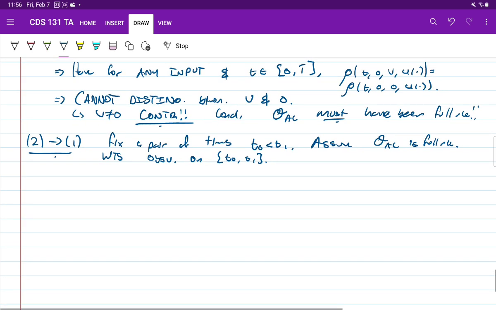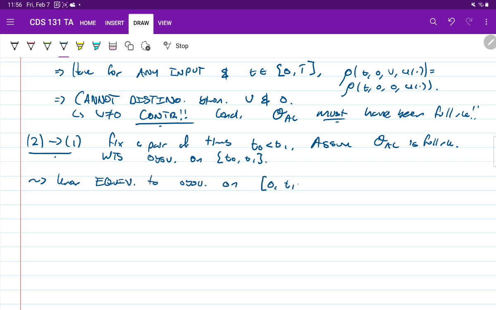Okay. Well, what do we know this is equivalent to? Because of time invariance, this is equivalent to observability on 0, t1 minus t0, if I just shift both times by minus t0. And I'm just going to define this to be equal to 0, t, so I'll define t equals t1 minus t0, just to clean up our notation. All right.